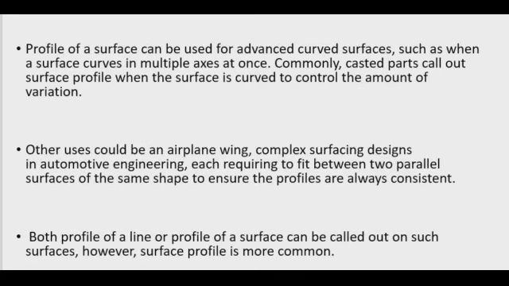Profile of a surface can be used for advanced curved surfaces, where the curve is in multiple axes. Multiple axes occur in automotive, for example. At that time profile of a surface will be applicable, in complex surface design.